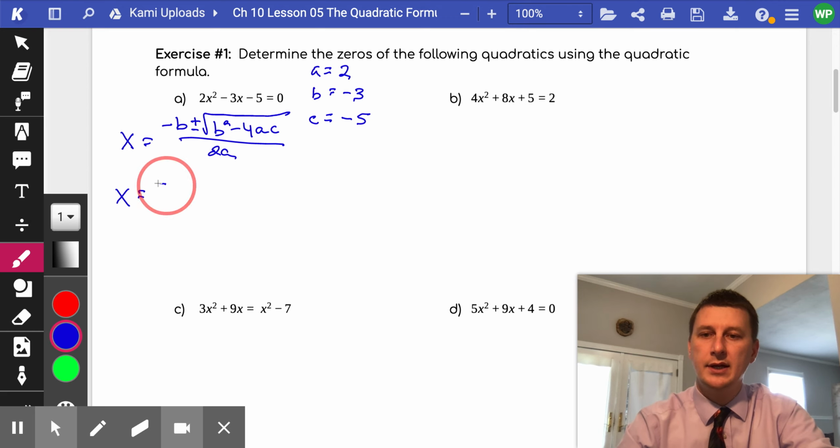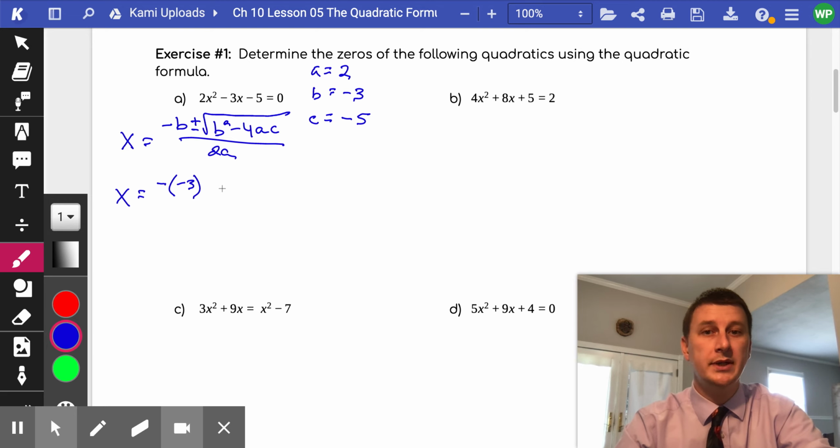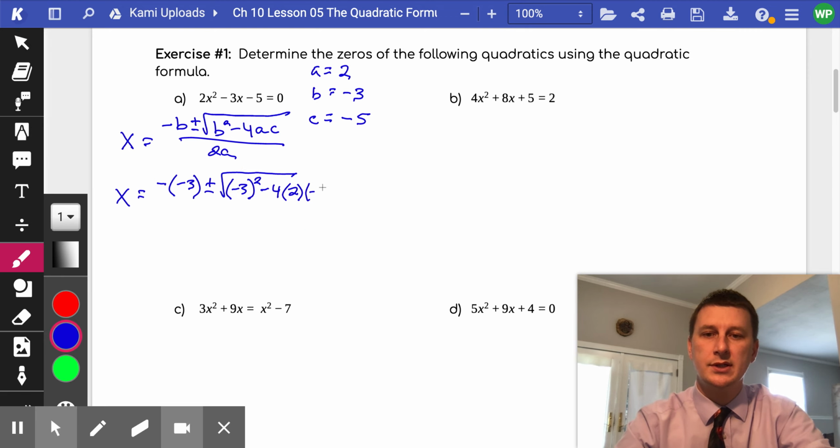So that's going to give you a negative, well, what's B? Negative 3, so be careful because you need both negatives, otherwise your answer will be different. Plus or minus the square root of B squared, so negative 3 squared, minus 4 times A, which is 2, times C, which is negative 5, all divided by 2 times A, which is 2.